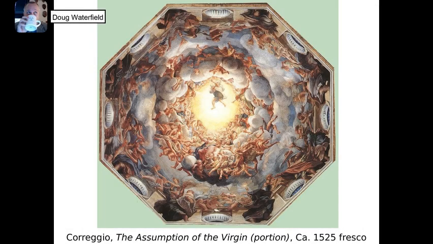This is Correggio's Assumption of the Virgin, which is part of a new style that emerges in 1520 in northern Italy called the Proto Baroque or Pre Baroque, because it's kind of a transitional style between Mannerism and the Baroque style.